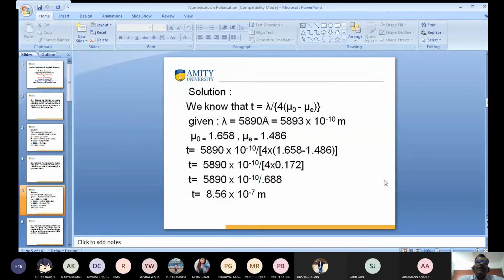So you have to know how to calculate this value. We know that T is equal to lambda divided by 4 times (mu o minus mu e). I have taken the value in meter. Mu o is given as 1.658 and mu e as 1.486. Solving lambda divided by 4 times (mu o minus mu e), we get 8.56 into 10 to the power minus 7 meter.